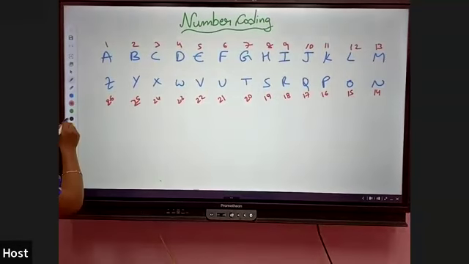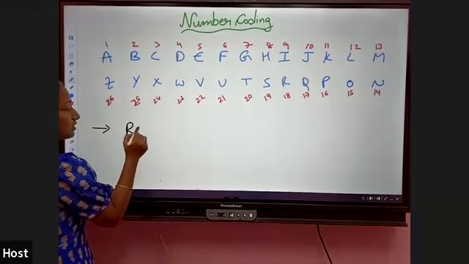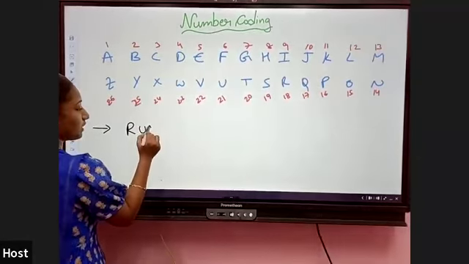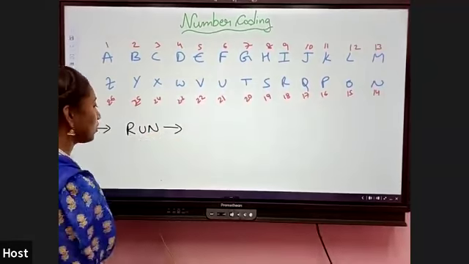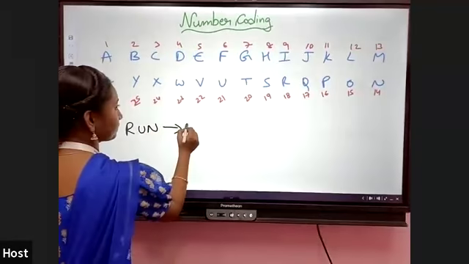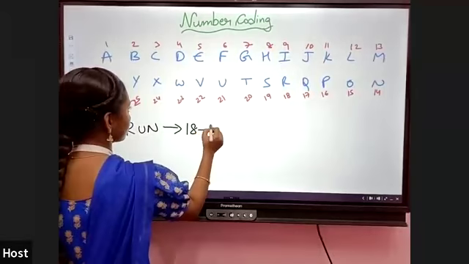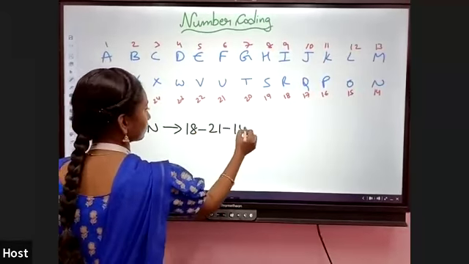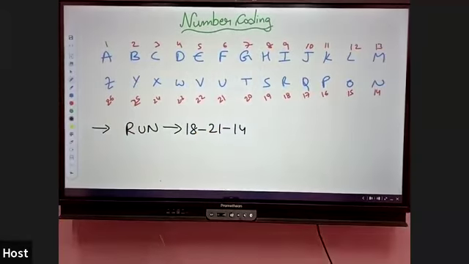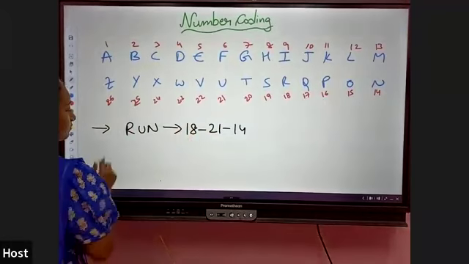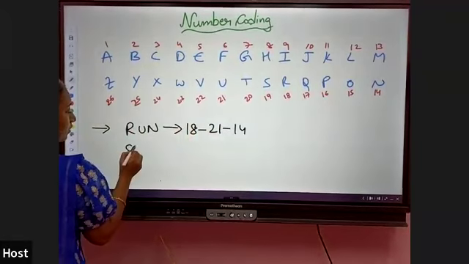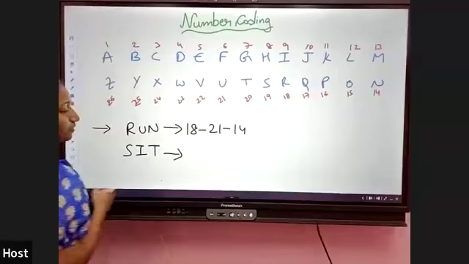In number coding, the questions will be, for suppose, the code of RUN is 18 21 14. Then you should find the code for SIT.